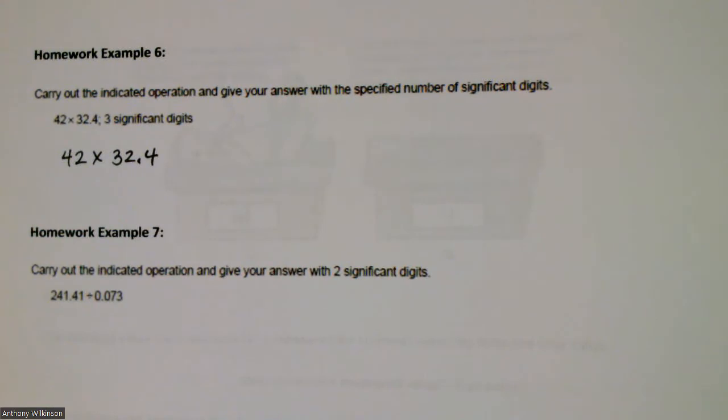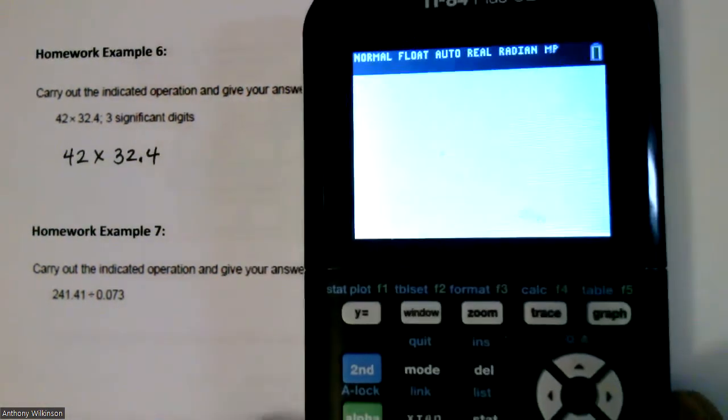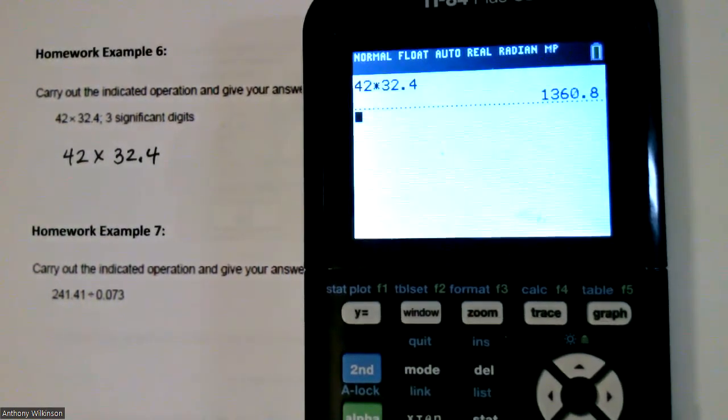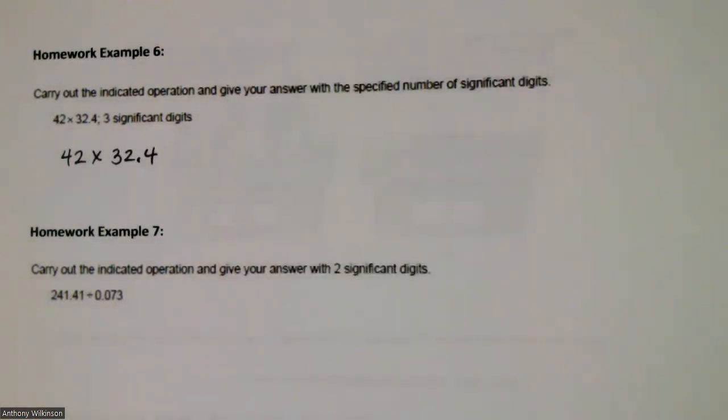Okay, so we're going to use our calculator to do 42 times 32.4. And we're going to get the exact answer of 1,360.8.